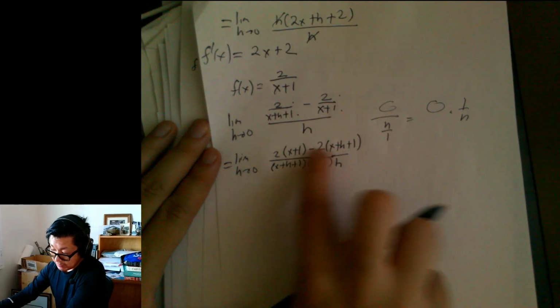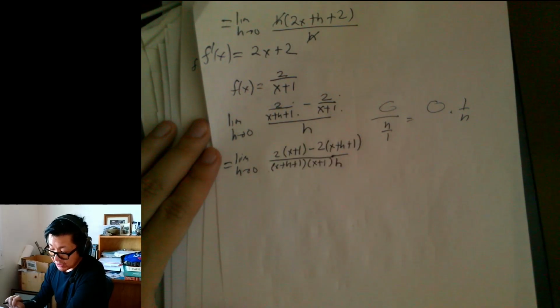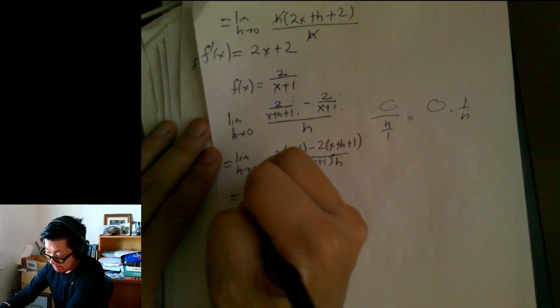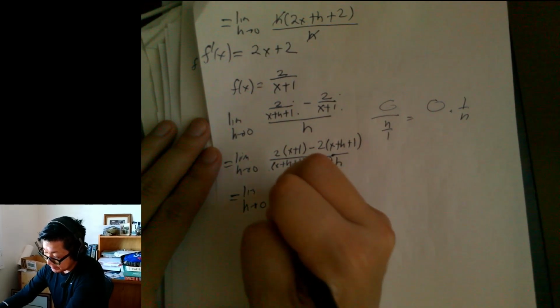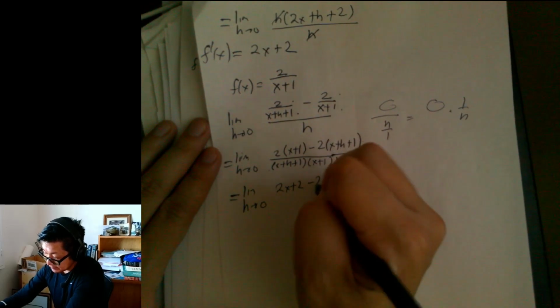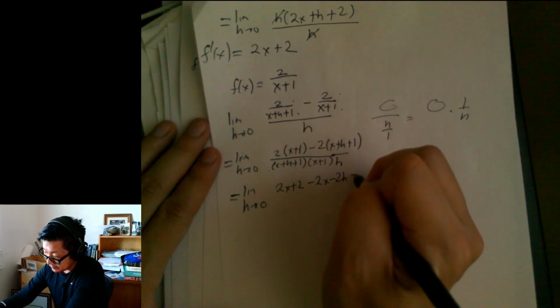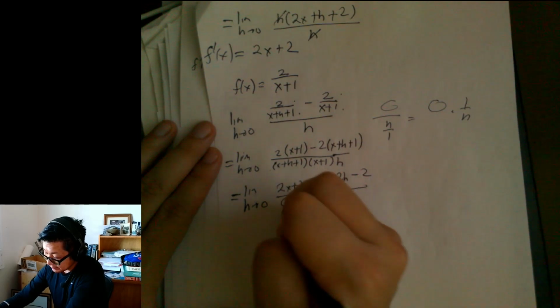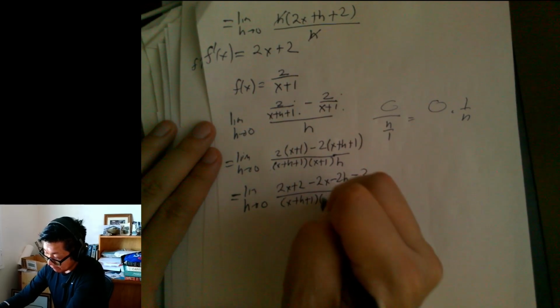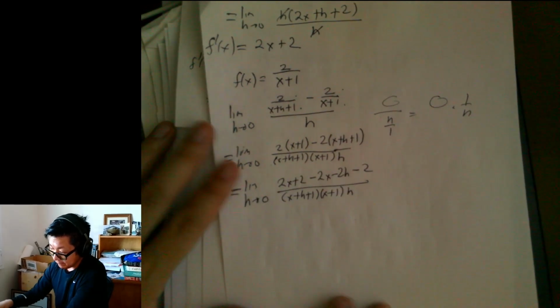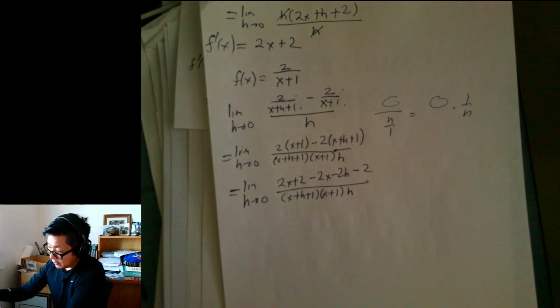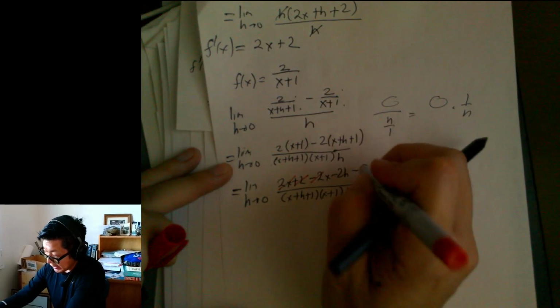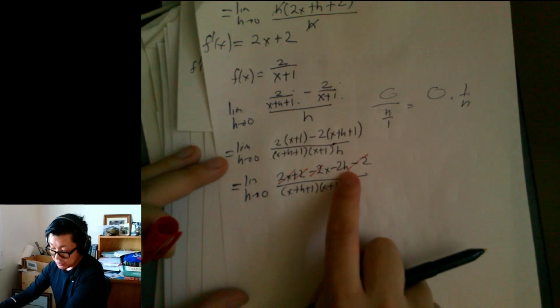Again, we're going to distribute this, and what will happen is all of the non-h terms will cancel. So the 2x cancels, the 2 cancels, leaving with just negative 2h on top.